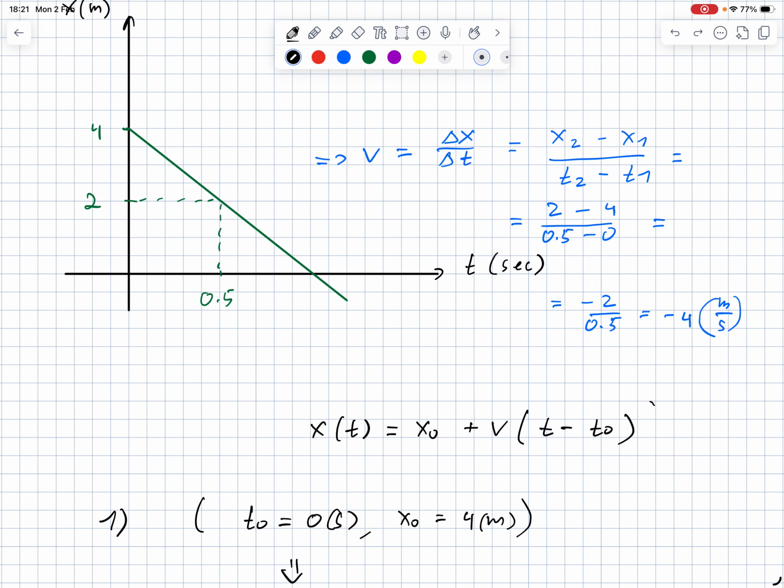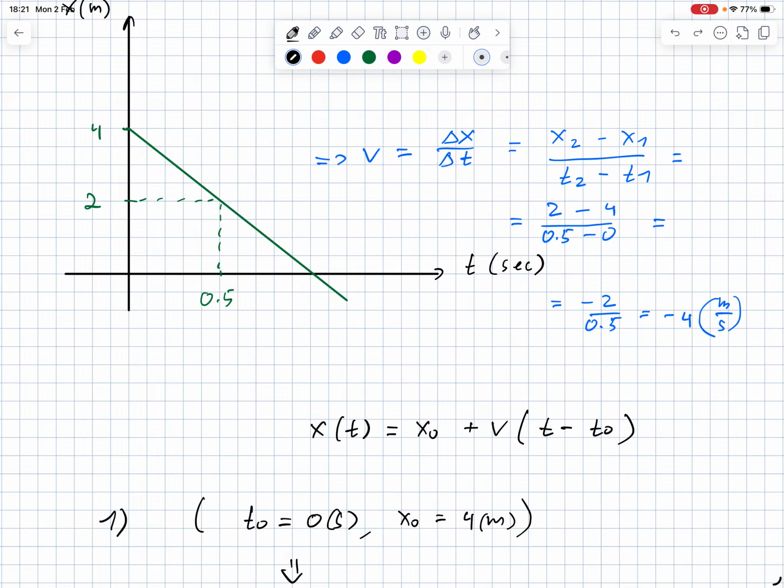We will use this equation, because we know that velocity, we can say slope, equals velocity, and we see that velocity is constant because the slope is constant. Then I can use this following formula.